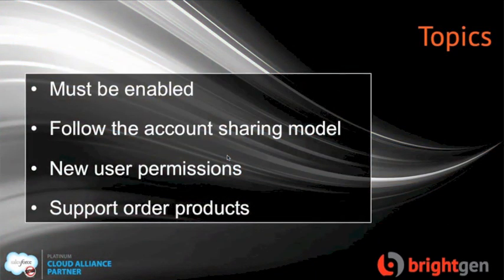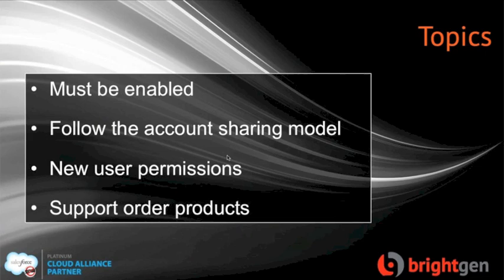So orders are not enabled by default for existing systems. Any new systems commissioned after Spring14 will be enabled by default, but for those who already have a system, your system administrator must enable this through the orders setting page. Orders follow the sharing model of the parent account.